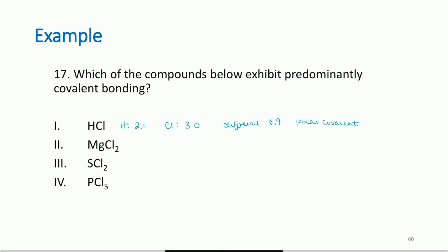Magnesium, 1.2. Chlorine, 3.0. Difference, 1.8, which is on the extreme, but it is considered polar covalent. And above is considered ionic. It's not predominant though, it's on the extreme end.